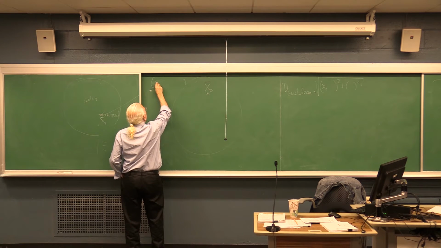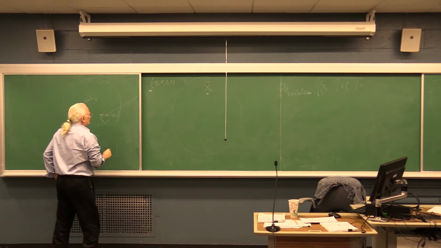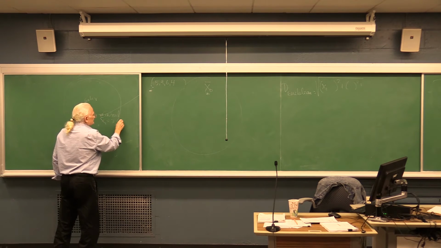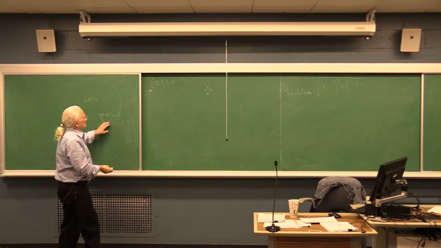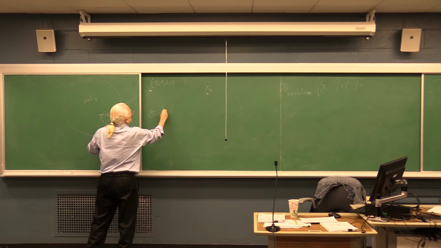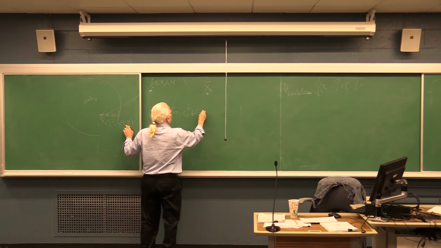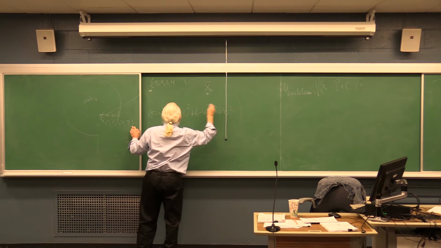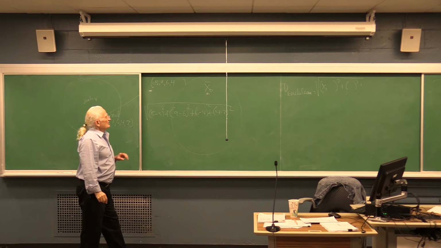Let's say that this was 5, 9, 6, 4, and this has coordinates 3, 6, 4, 7. So the Euclidean distance would be what? 5 minus 3 squared plus 9 minus 6 squared plus 6 minus 4 squared plus 4 minus 7 squared, and then you take the square root of that. That's a Euclidean distance.